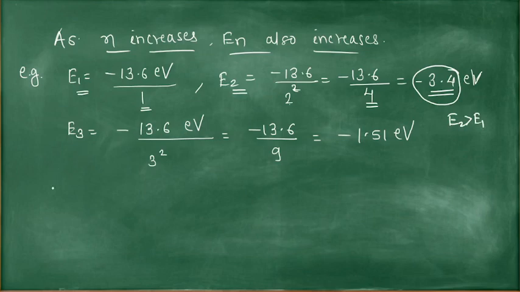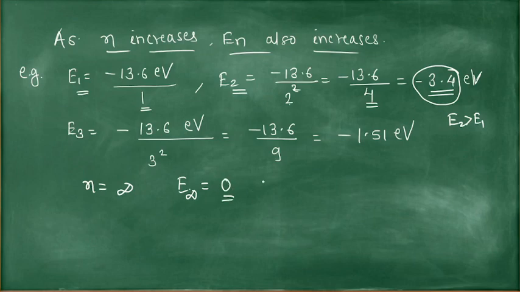Suppose you want to find the energy of electron in the very outermost orbit. So you can take n equal to infinity. Then what you will get? E infinity is almost equal to 0, because n square is infinity square, again infinity, so E infinity is equal to 0.